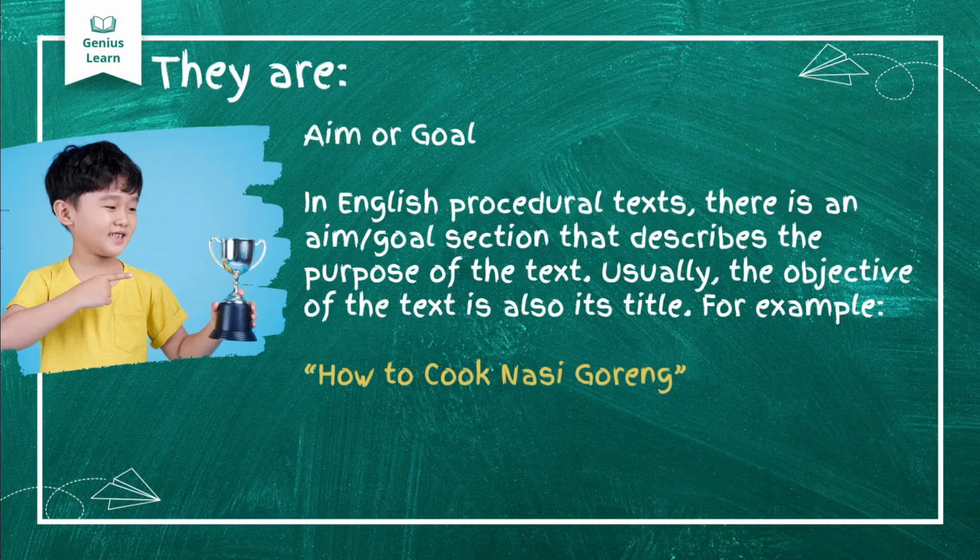So if you ever find a text that says something like this, it is usually the title. So that is called the aim or the goal. As you can see here, maybe other examples are how to make a banana milkshake, how to write, maybe how to assemble a chair, how to assemble Lego, and something like that.